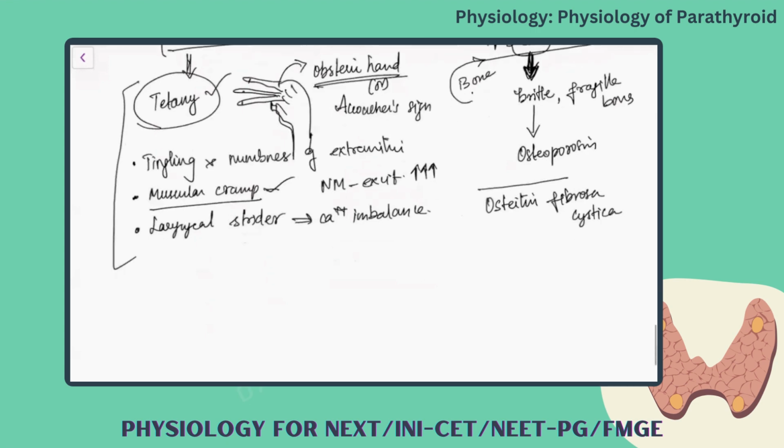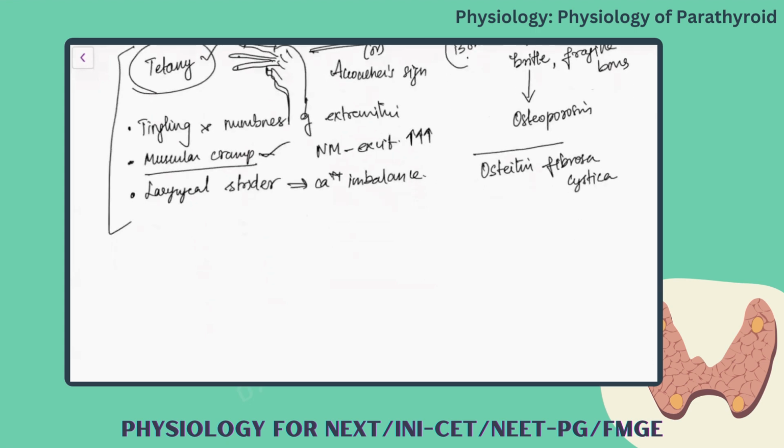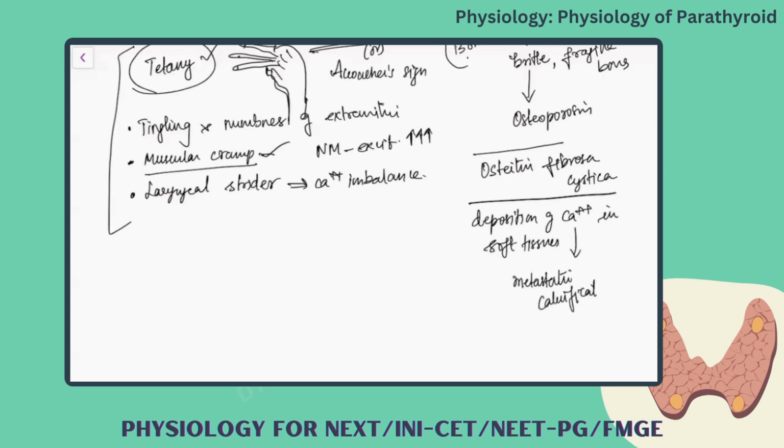Okay, and since excess calcium is remaining in the circulation, finally this leads to the deposition of calcium in the soft tissues, and that leads to the metastatic calcification process.